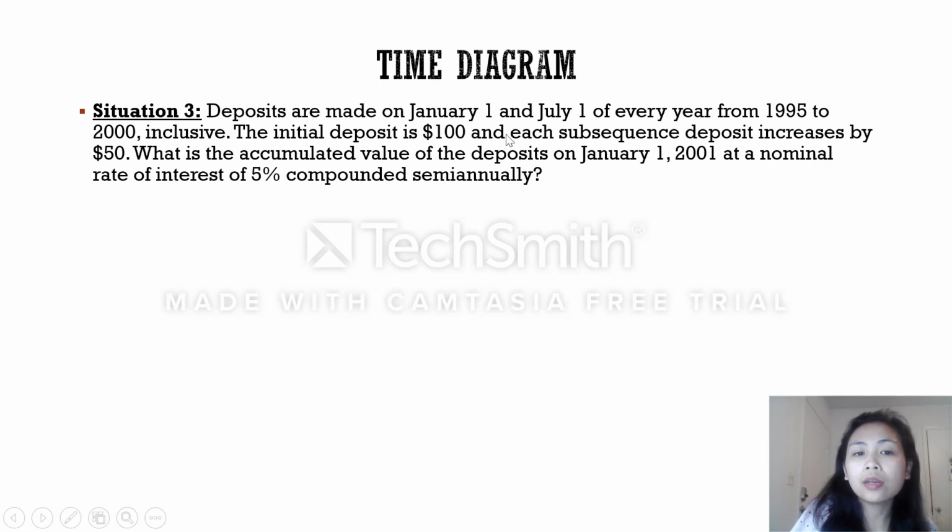And here the deposits are 100, 150, 200, and so on, because the initial deposit is 100 and then it increases by $50. The question asks for the accumulated value of deposits on January 1st with the nominal interest rate. So here the question gives you a nominal interest rate, not an effective rate. So what you have to do is find the effective rate for each period.